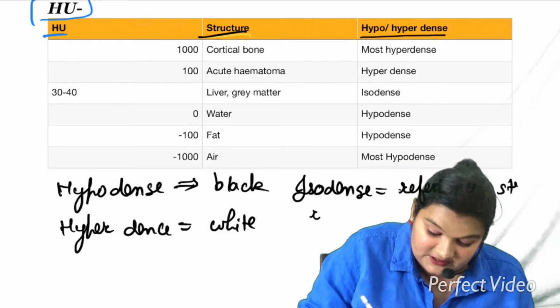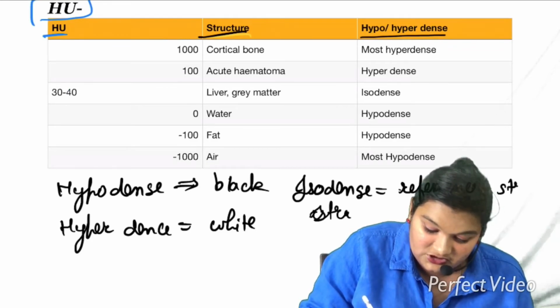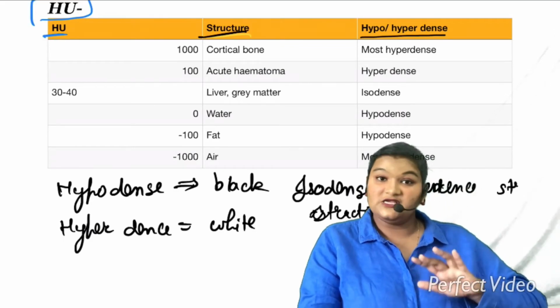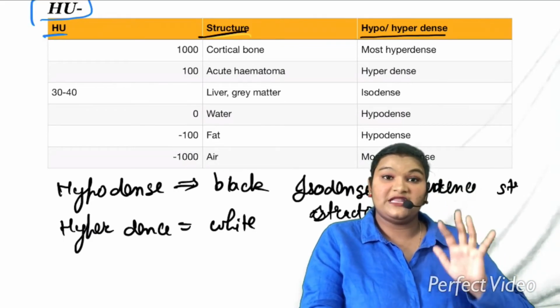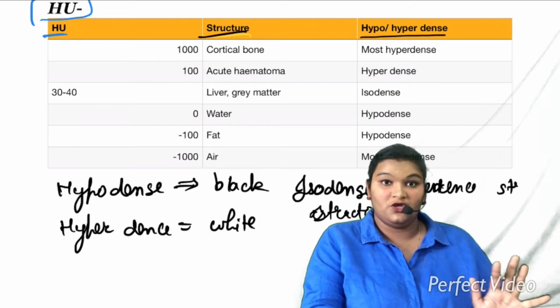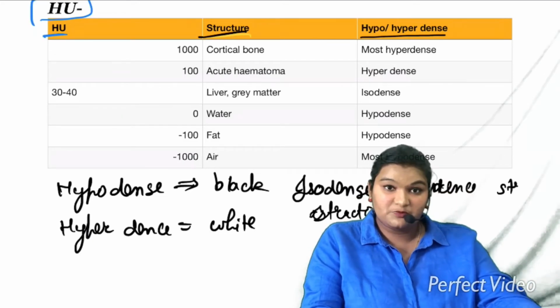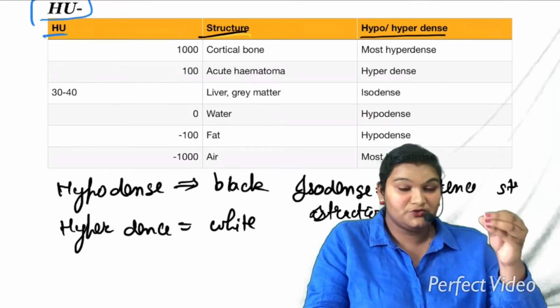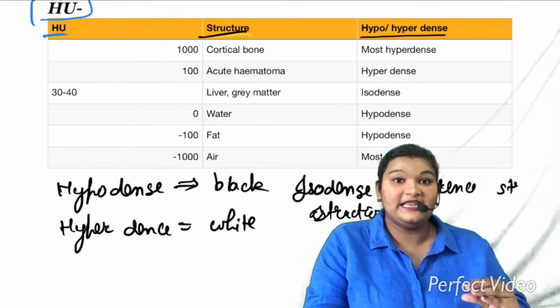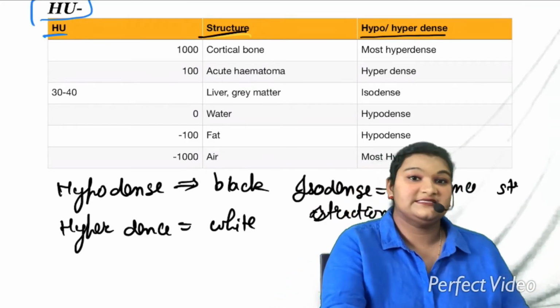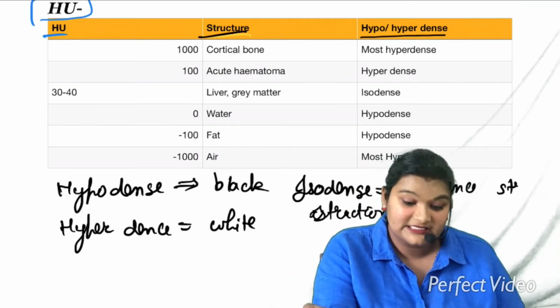Okay, it doesn't mean that an isodense structure has a Hounsfield unit of 0. No. Whichever structure you use for reference purposes, and then label whether the surrounding structure is normal or abnormal, you call it an isodense structure.